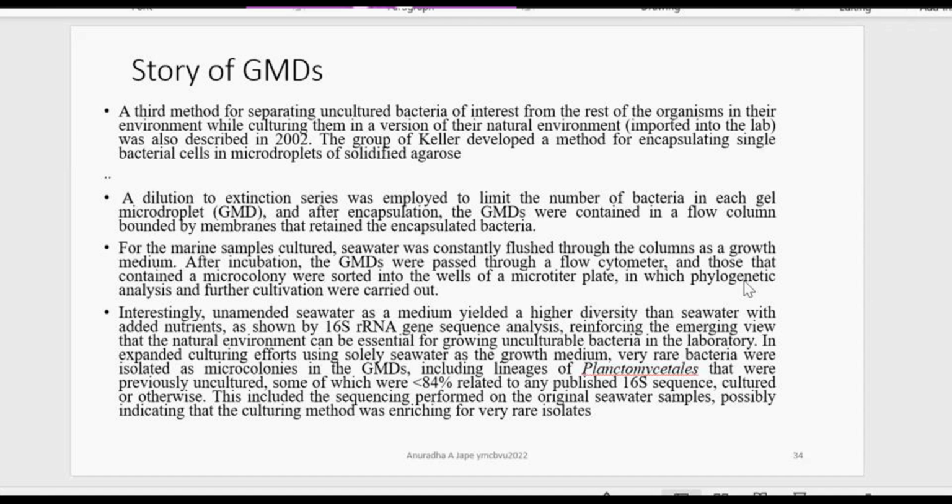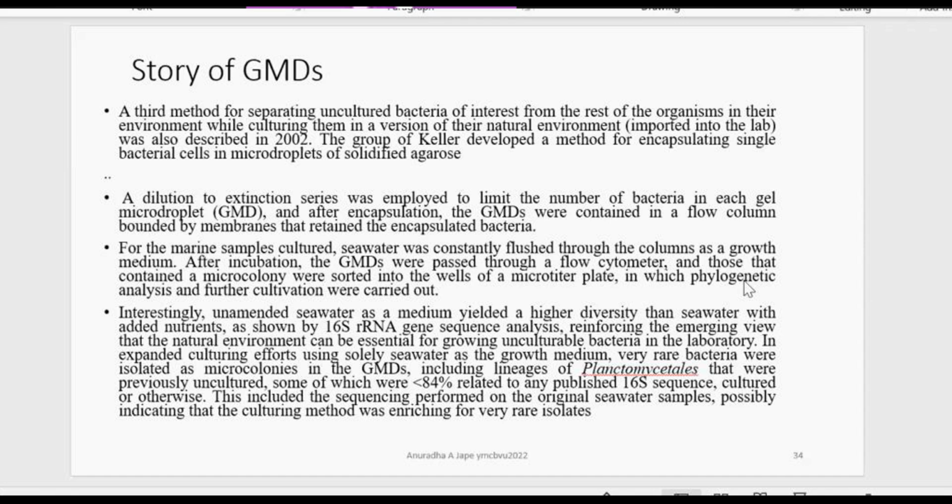So for example, if it is isolated from marine water, you are going to pass the seawater down the column, right? Now here, of course, you have to take care that the seawater is not going to contaminate the desired organism, the gel beads, right?